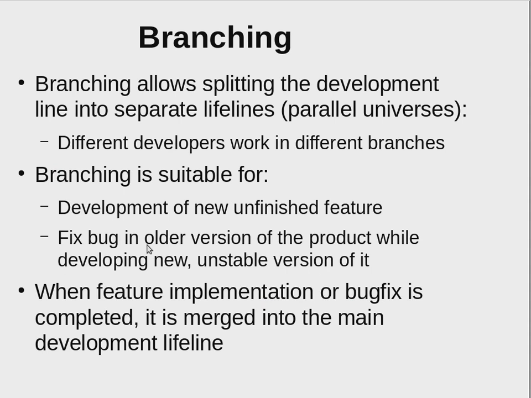Like one is the latest and greatest, or only the latest development version of your product, and another, or maybe more than just one, are still maintained, still supported, released versions of your software which are older, which are actually used in production for your customers.